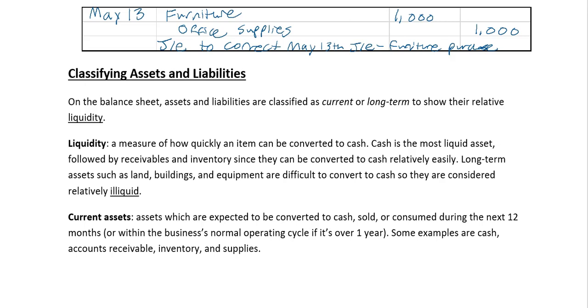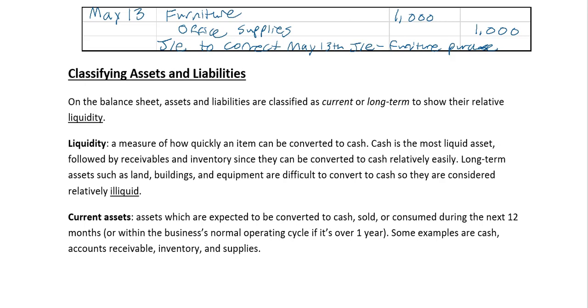So current assets are any assets which are expected to be converted to cash or sold or consumed during the next 12 months, or within the business's normal operating cycle if it's over 1 year. In this course, we will assume that 12 months equals current. We won't worry about the operating cycle aspect of this.